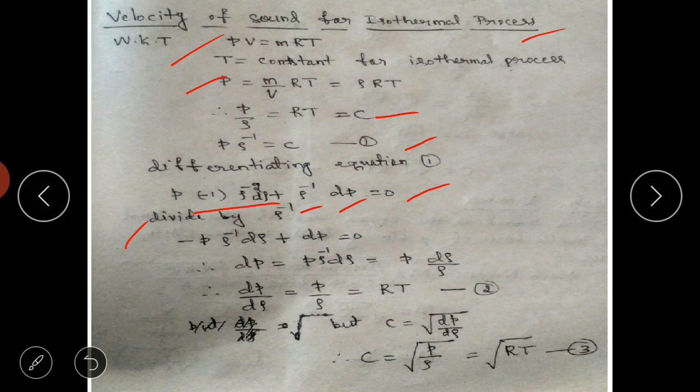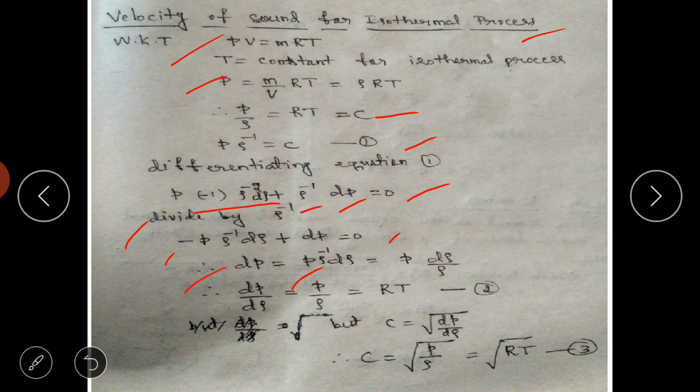Divide the entire equation by rho raised to minus 1. After dividing, we get this equation, P rho raised to minus 1 d rho plus dP, where rho raised to minus 1 gets cancelled. So dP is equal to P rho raised to minus 1 d rho. Now again we have to readjust the equation.